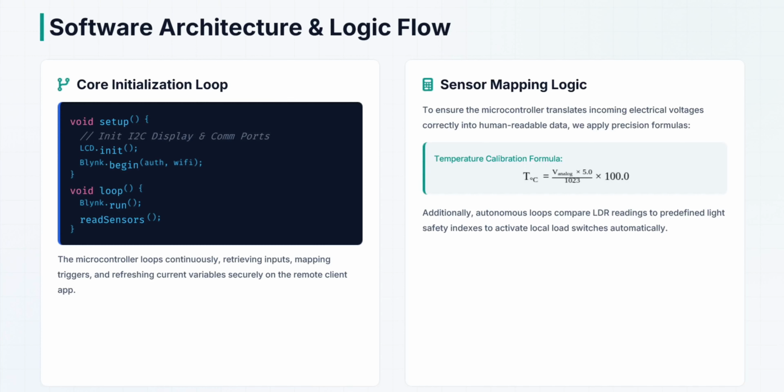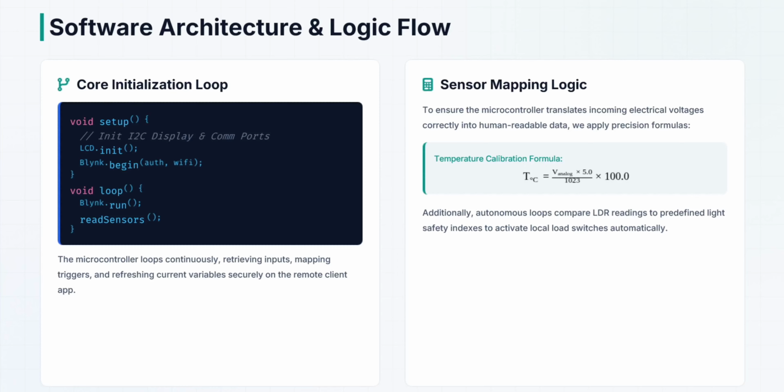Since the LM35 produces 10 millivolts per degree Celsius, we calculate the final temperature in degrees Celsius as the voltage in millivolts divided by 10, which equals the ADC reading times 5 times 100, divided by 1024. In the code, this is executed as a floating point calculation to retain decimal precision.